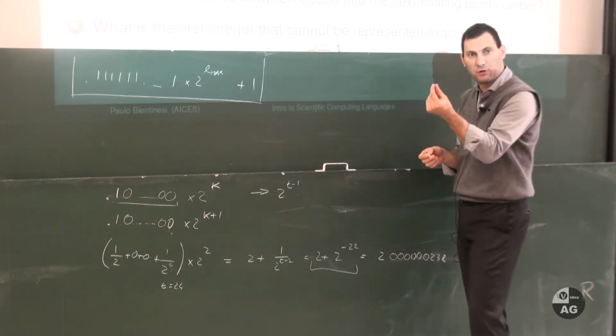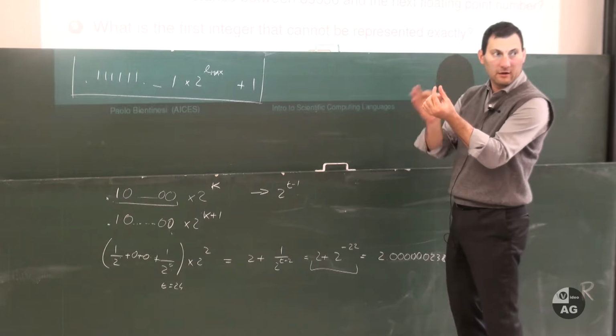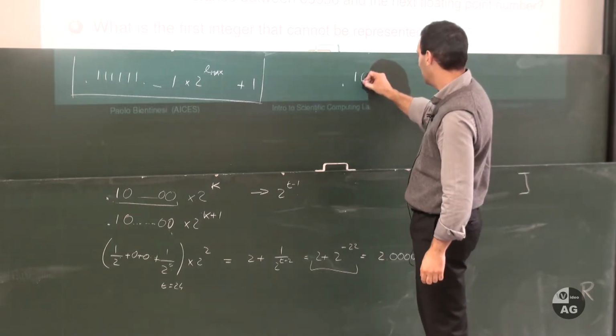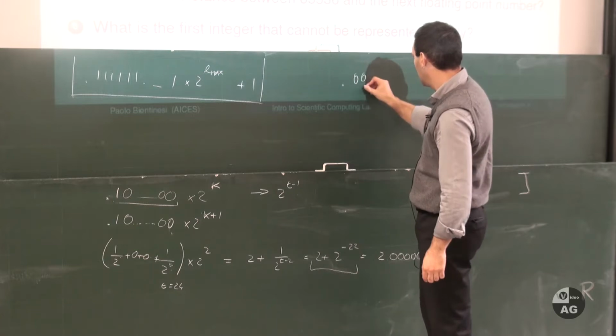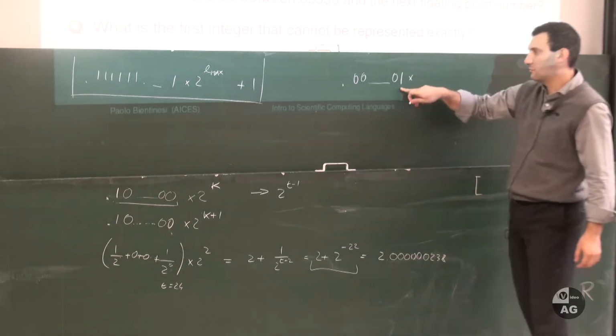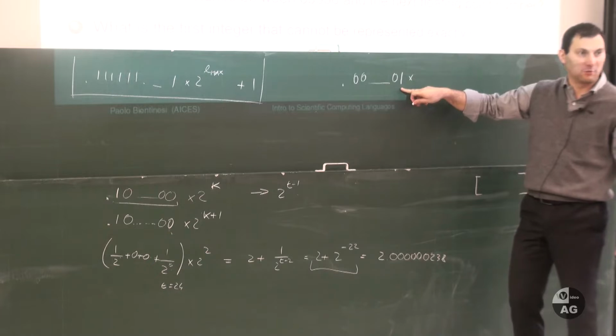Two floating point numbers, how far apart are they? Well, by 1 times the smallest integer. Okay, that's the distance between two of them.